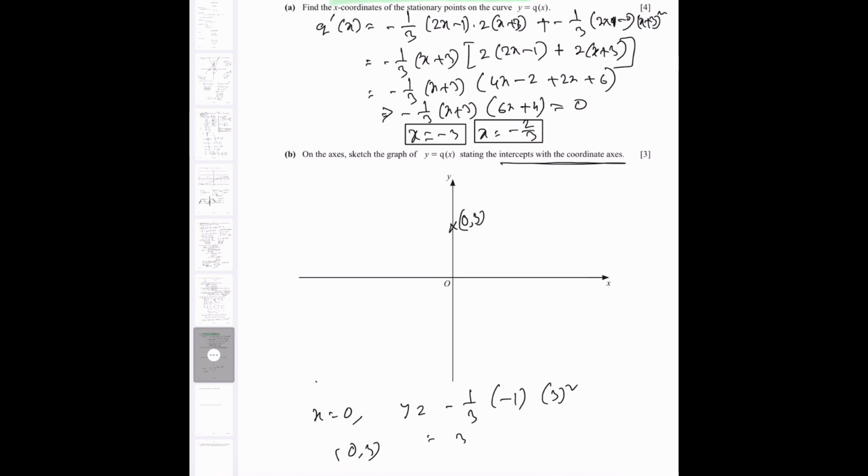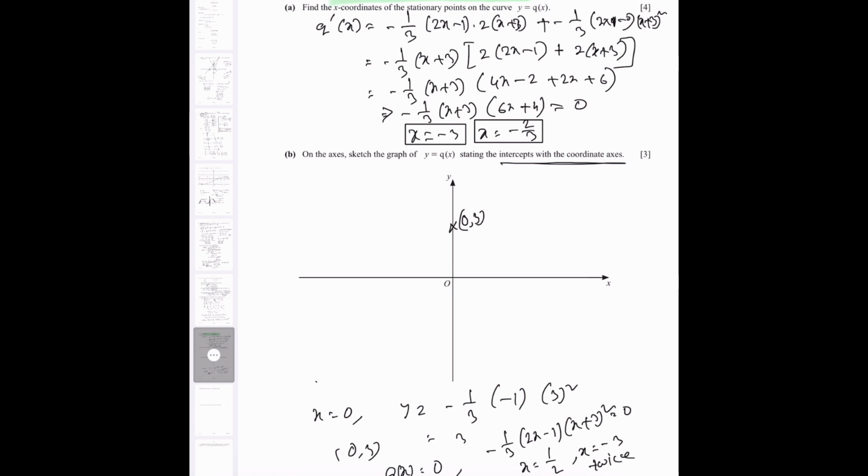If q(x) equals 0, then minus 1 by 3 (2x minus 1)(x plus 3) whole squared equals 0. So x equals half and x equals minus 3. This is repeated, we can write it twice, so the curve will touch the axis at that point.